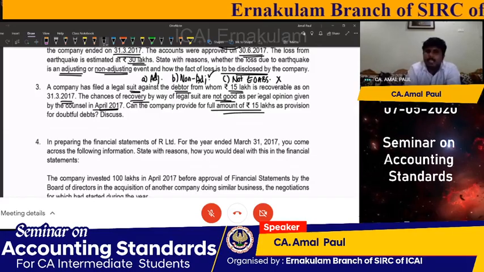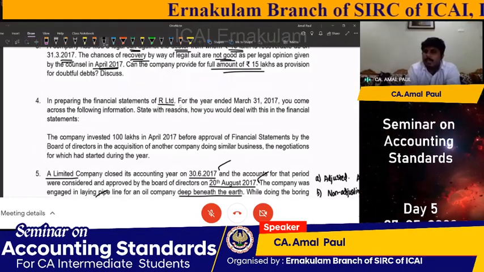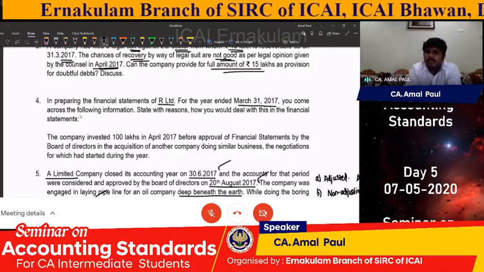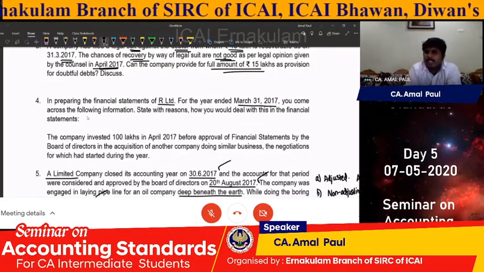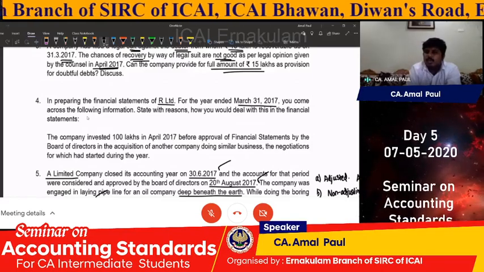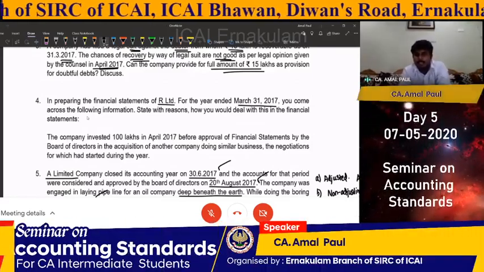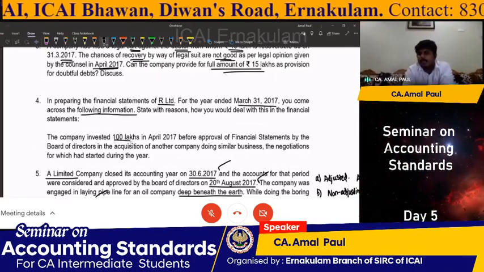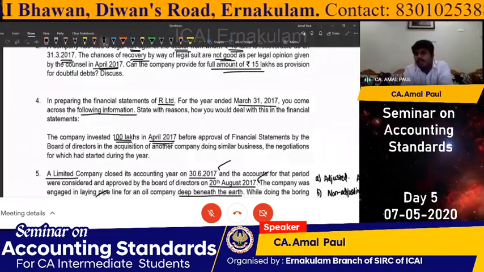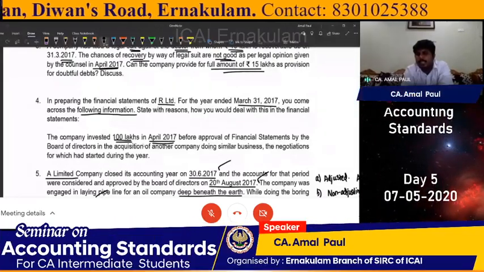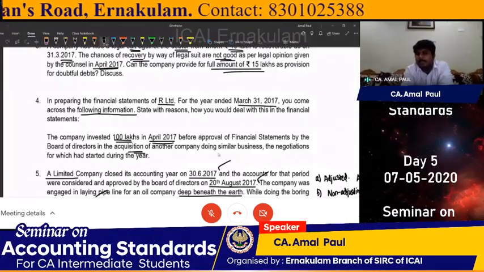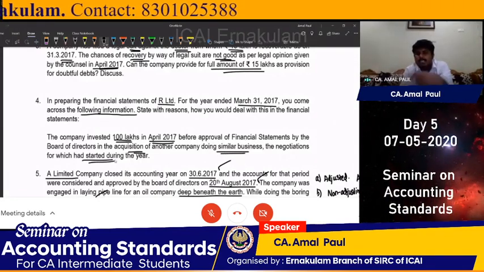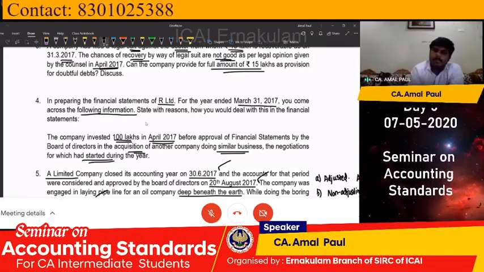Next one. In preparing financial statements of R Limited for the financial year ended March 31, 2017, you come across the following information. State with reason how you would deal with this in the financial statements. The company invested 100 lakhs in April 2017, before approval of financial statements by the board of directors, in acquisition of another company doing similar business, the negotiations for which had started during the year.